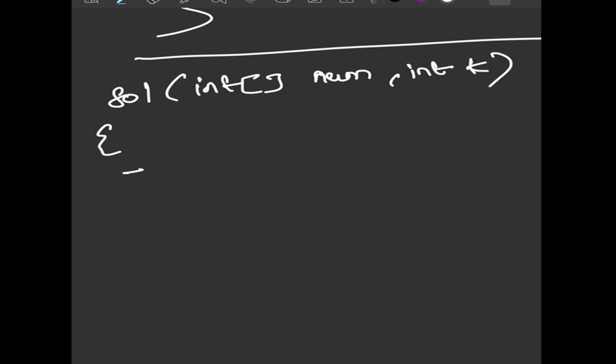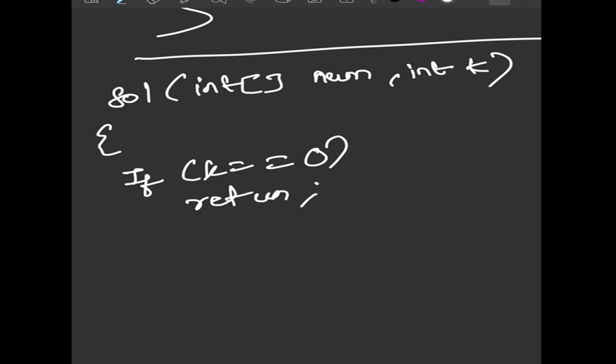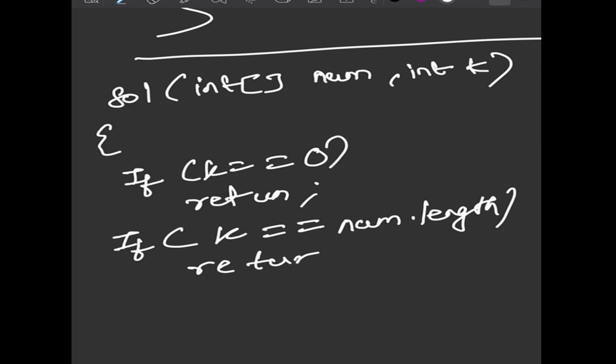First we can check if k is equal to 0 and return if we don't have to perform any rotation. Then we can add one more condition: we can check if the value of k is equal to the length of the array. We don't have to perform any rotation. The reason for this is we basically go back to the same state.